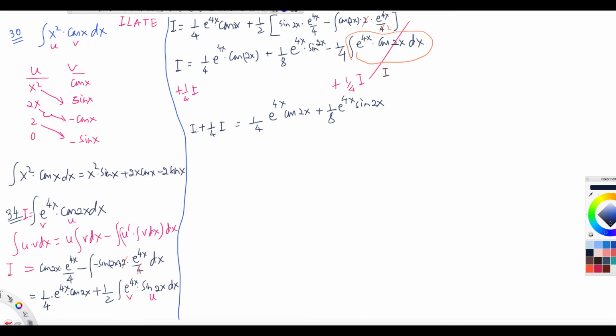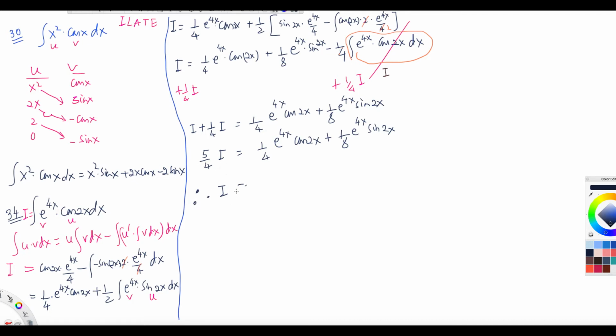So what is the left side though? 1 I plus 1/4 I will be 5/4 I. 5/4 I is equal to 1/4 e to the 4x cosine of 2x plus 1/8 e to the 4x sine 2x, right? Therefore I is equal to, you need to multiply both sides by 4/5 or divide by 5/4.